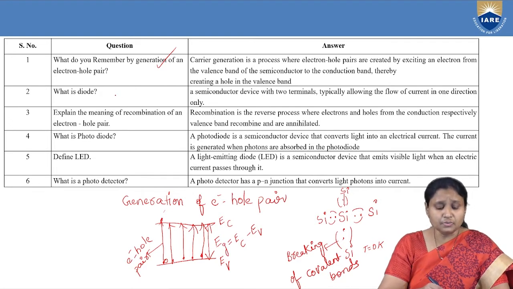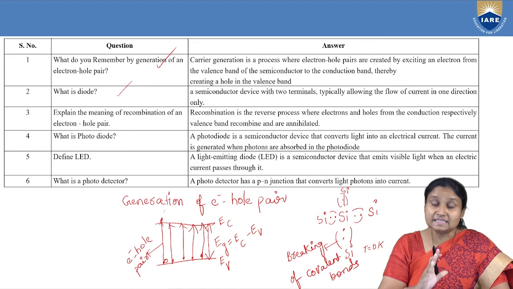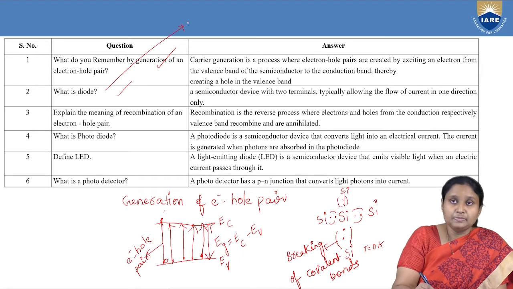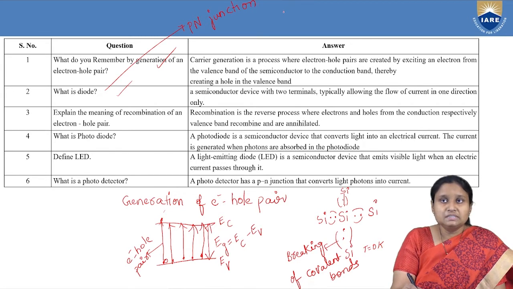Now coming to the next question, what is a diode? Generally, its full name is PN junction diode. So a diode is nothing but a PN junction, or simply a junction diode, or simply a diode. And what is the symbol for a diode?